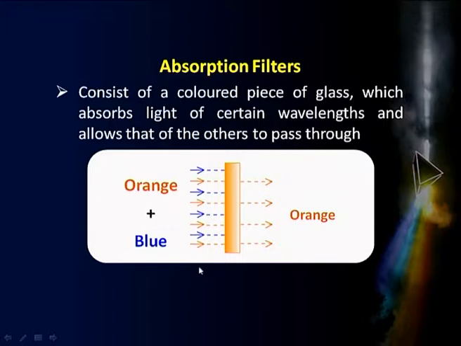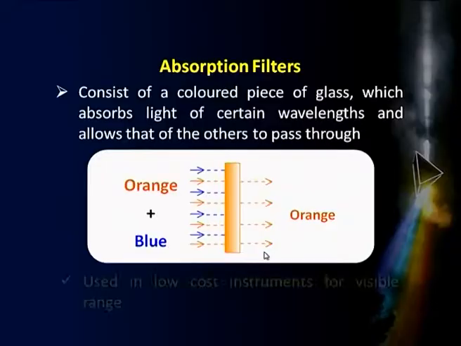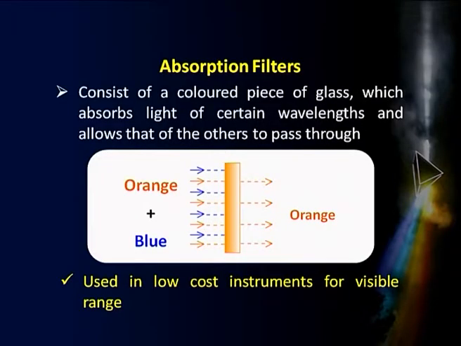So, input is broad based and output is a narrow range of wavelengths. But these are very crude components, and that is why they are very cheap. They are used in low cost instruments where accuracy is not very important.